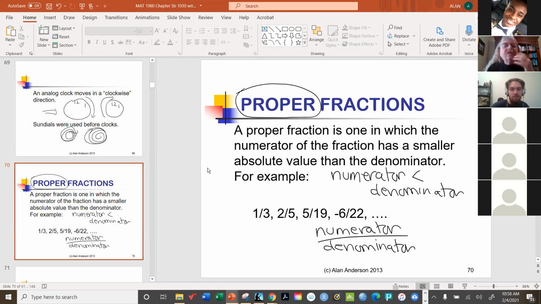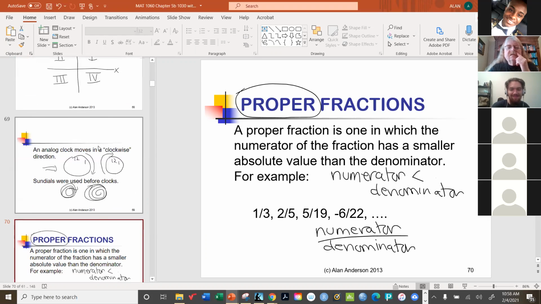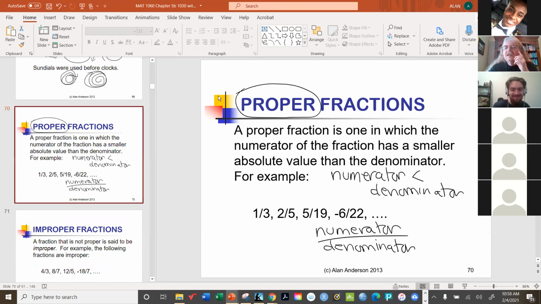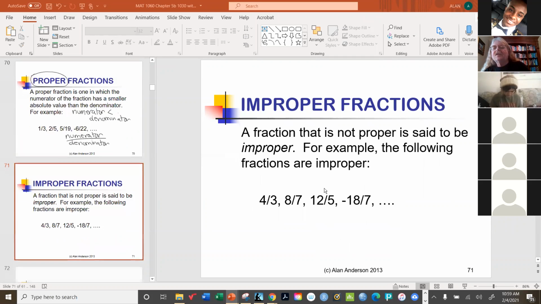Now, in English terms, what is the opposite of proper? Oh, you all know this one. Improper, that's right, improper. So how do you suppose we're going to define improper fractions? The numerator is larger than the denominator? That's right, exactly. It's just the opposite, of course.